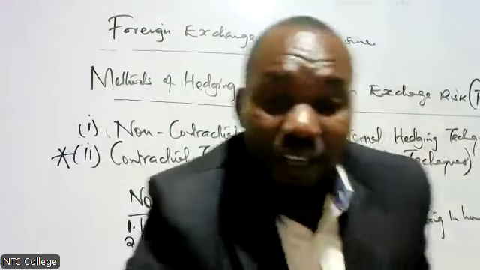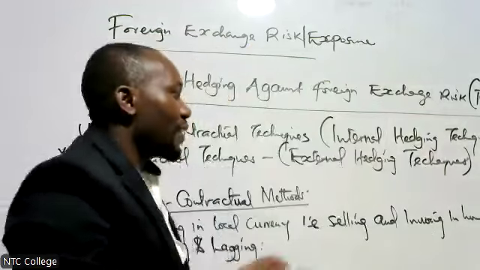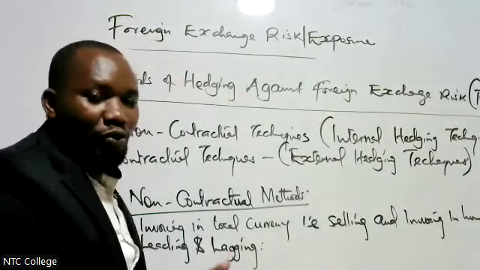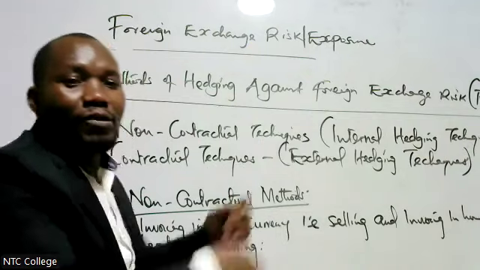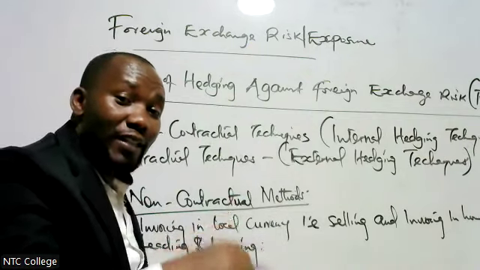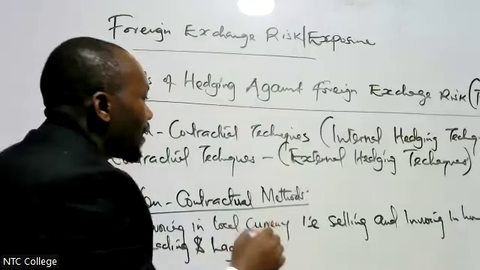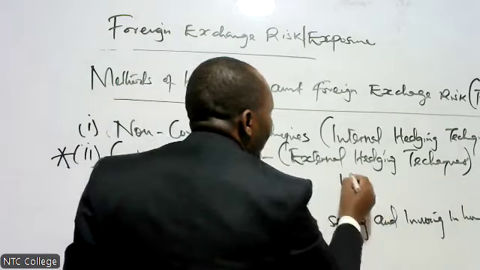You know, ukijua currency itaanguka, what happens? What we are saying here is that you need to pay suppliers earlier. So if you suspect that the value of your currency will go down, for example, let's say that you're going to pay 60,000 in US dollars.